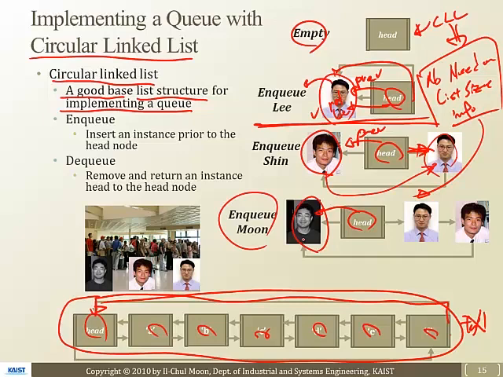One less piece of information to implement. It means that if we become smart in using this linked list, then we can reduce the implementation size, right? Compared to using the doubly linked list, this circular linked list has much benefit in implementing a queue, right?